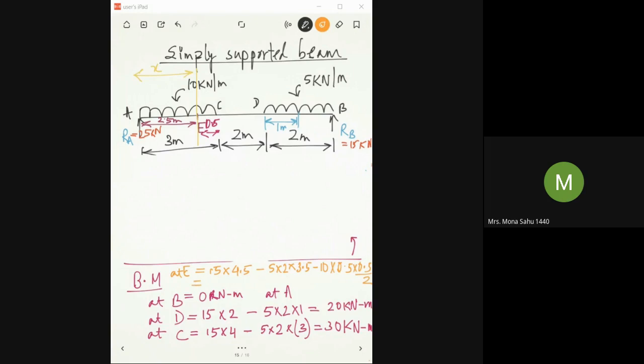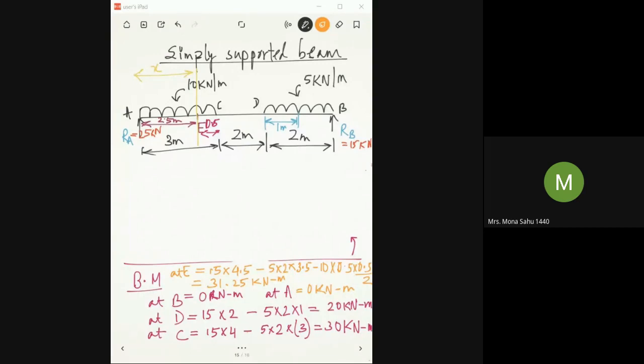What's the answer for this? It should be 31.25 kilonewton meter. And at point A, it's going to be 0 because it's the support, so don't even calculate. You will get 0.